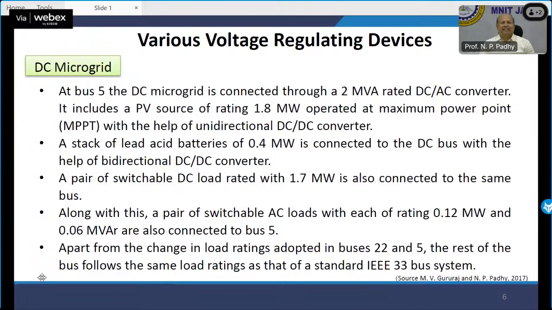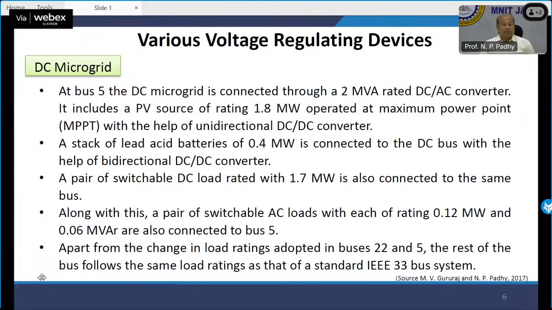The PV is operated at maximum power point, MPPT, with the help of a unidirectional DC-DC converter, along with a stack of lead acid based battery of 0.4 megawatt. Why 0.4 megawatt? Because in my lab I do have a 0.4 megawatt battery, two banks actually. Many people said, sir, will people accept your system?